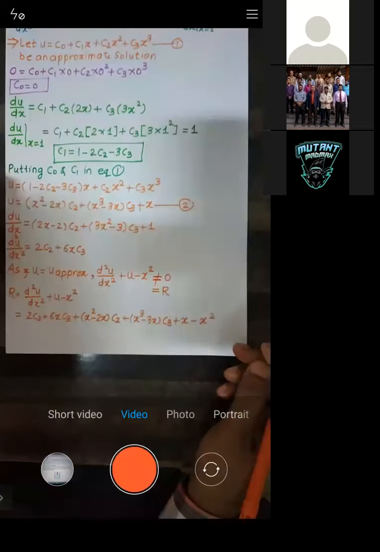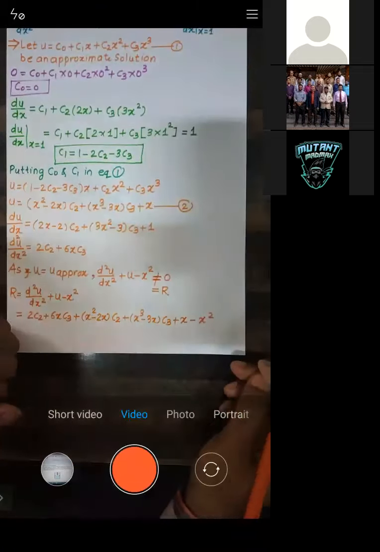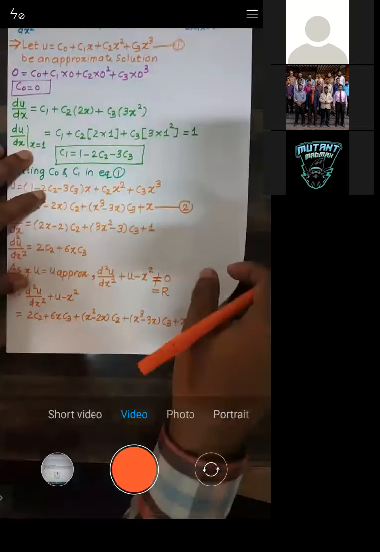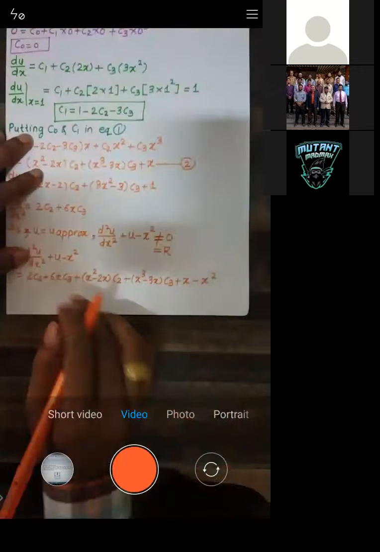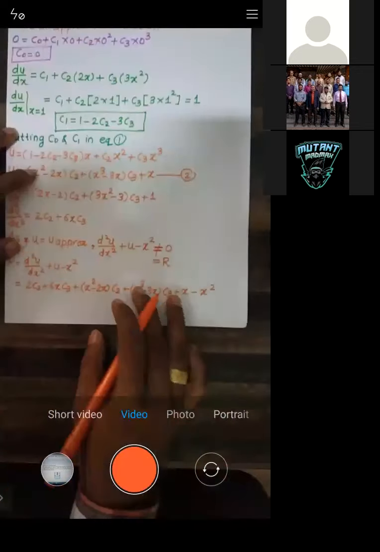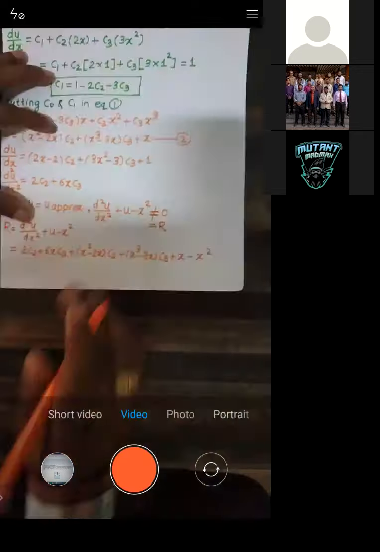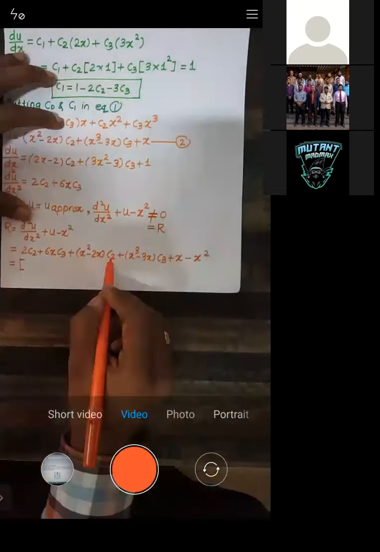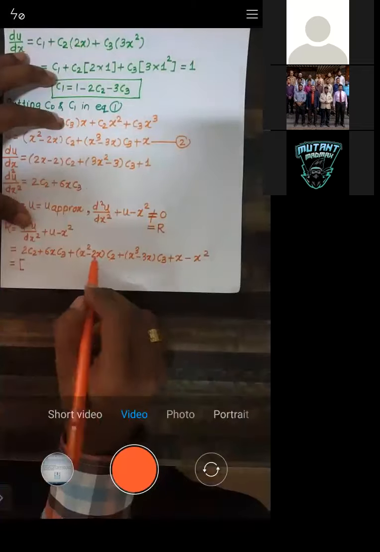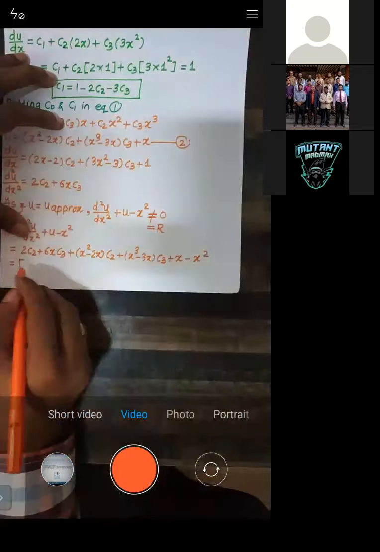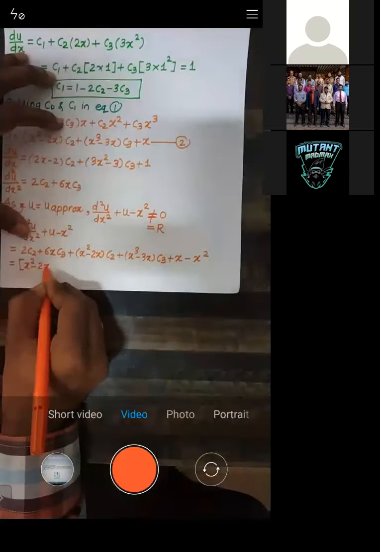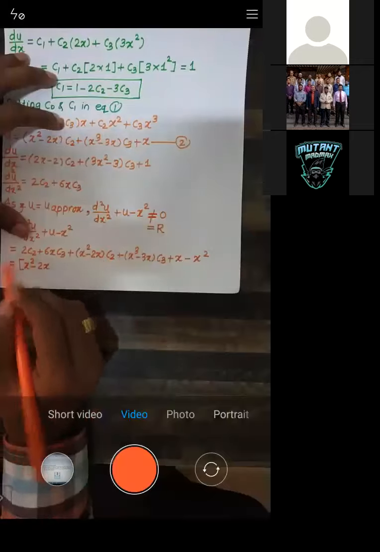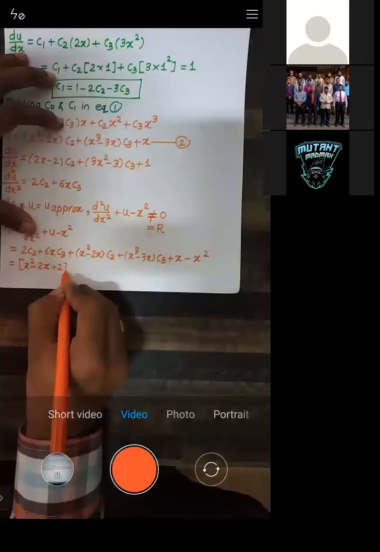Now we will rearrange it in the form of coefficients of C2, C3, and some other constant terms. Let's club the coefficients of C2. That is x² minus 2x, which is the coefficient of C2, and here the coefficient of C2 is 2, so plus 2 C2.